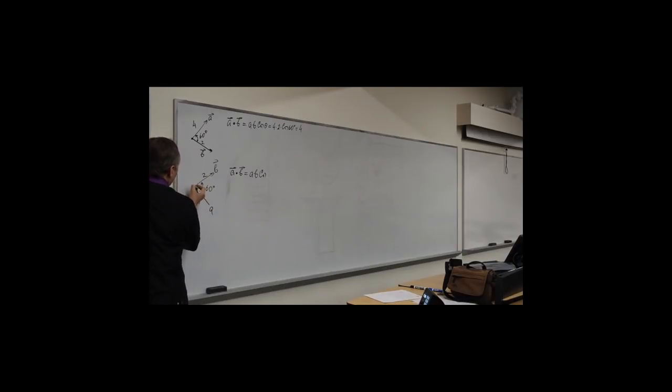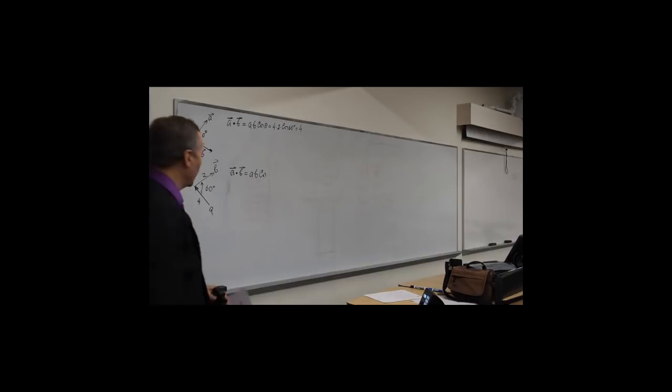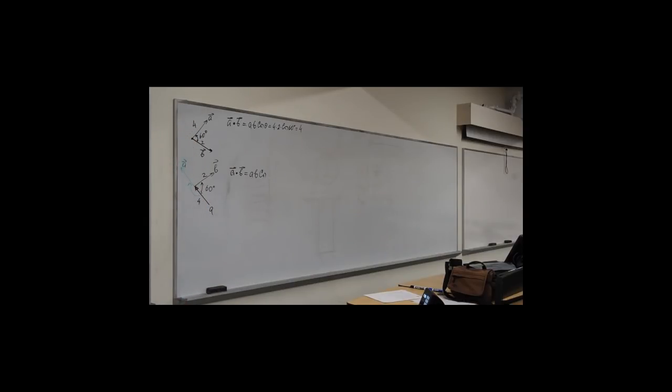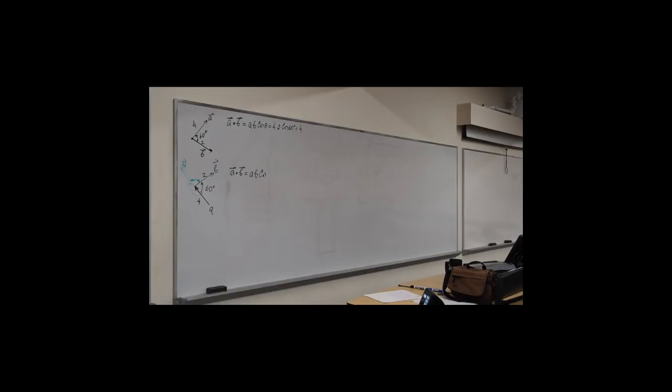Vector A, you can position it like this. If you preserve the magnitude and direction of the vector, you can move it. So if you move vector A over here, this will be our correct angle. That is the angle theta which we need.